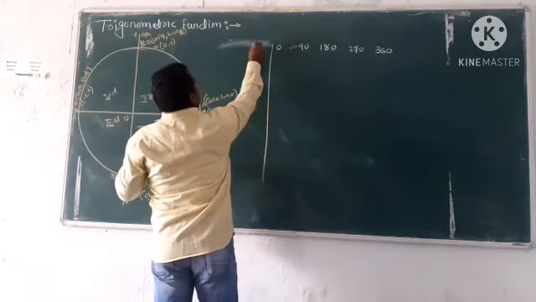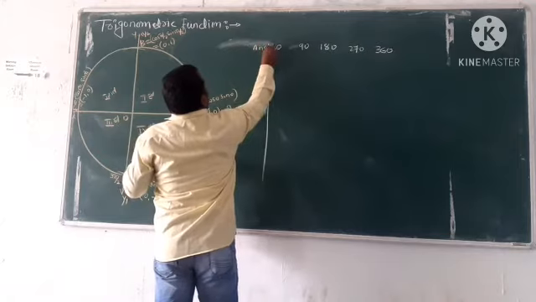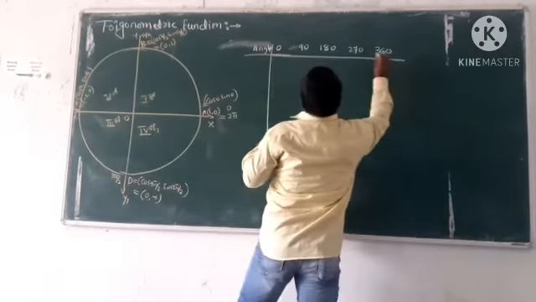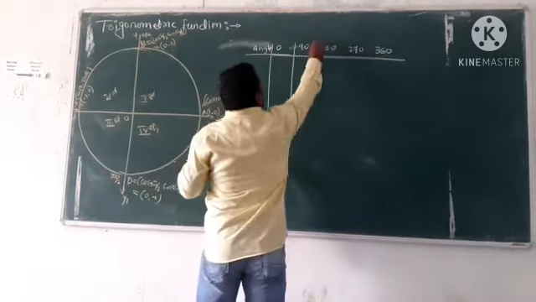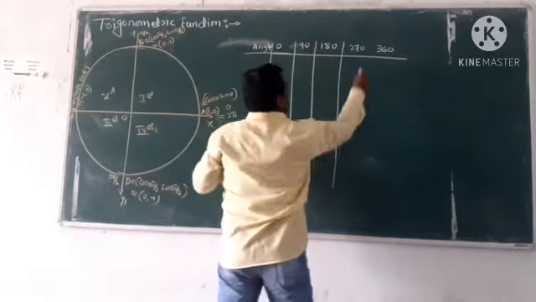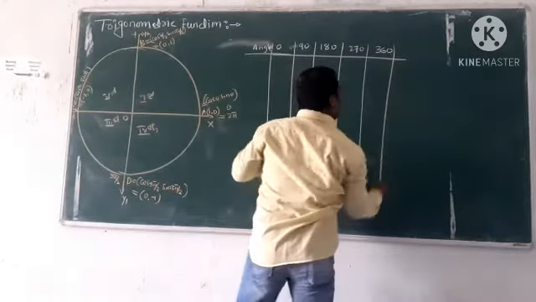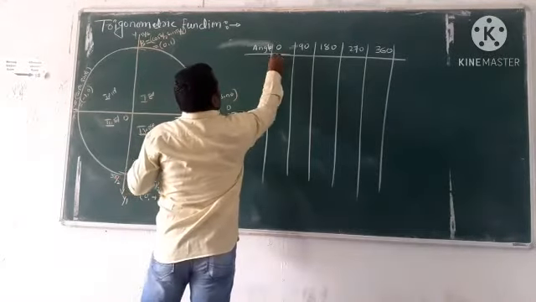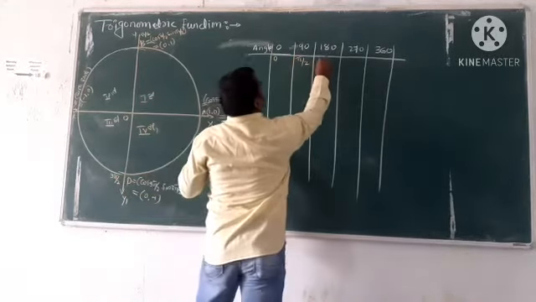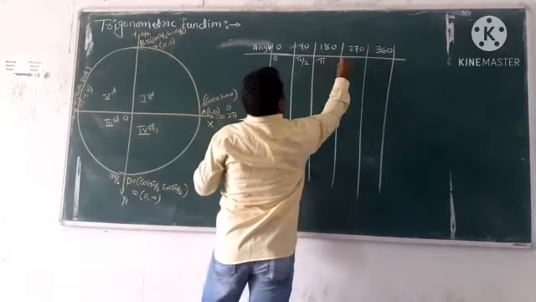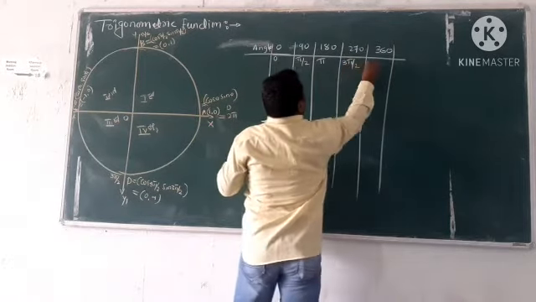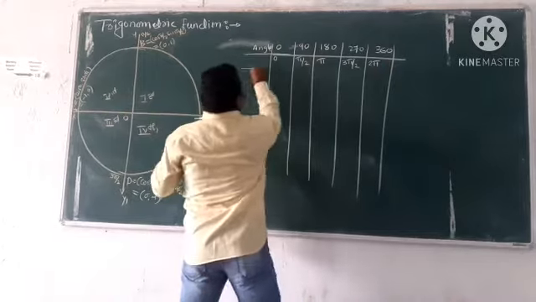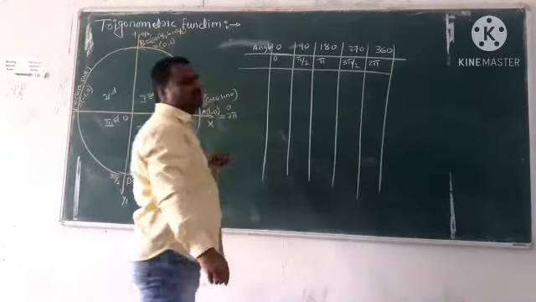So this is the value of angles. Another one you can express in radians: here 0, pi by 2, pi, 3 pi by 2, and 2 pi completes the circle, in degrees and radians.